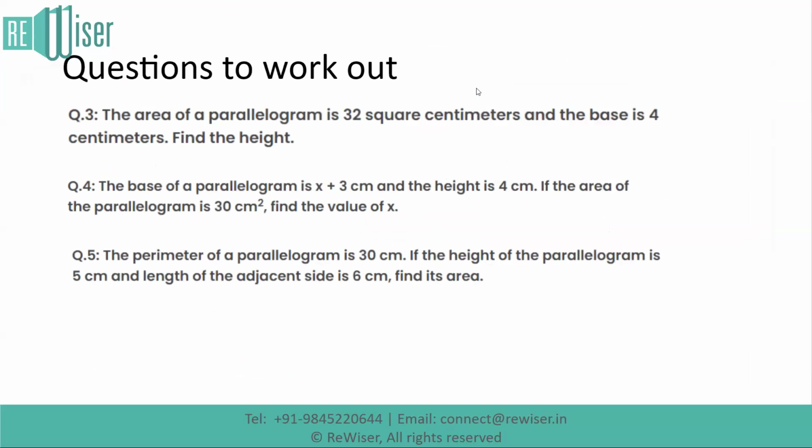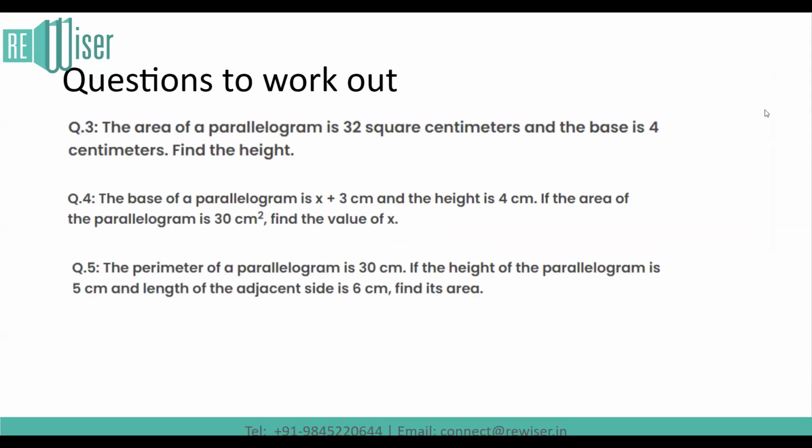Let me try these 3 questions. It has something to do with the area of parallelogram.